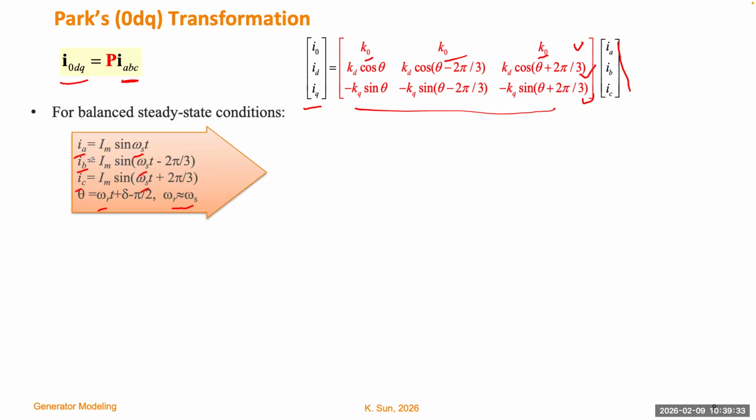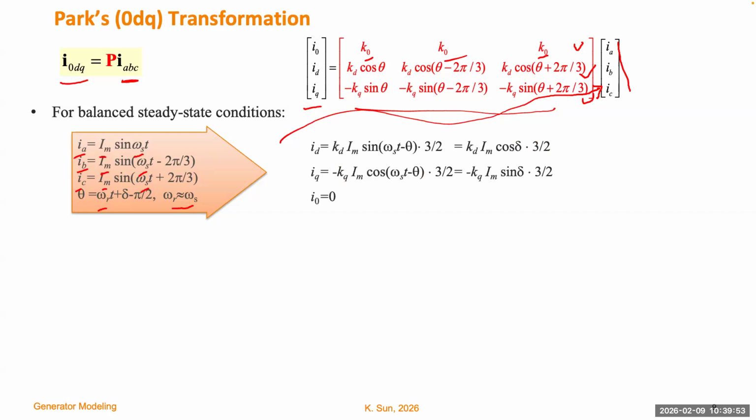So for the steady state condition, all the currents will be exactly accurate sinusoids at synchronous frequency with the same amplitude or the same RMS value. If this is the case, we just plug in those values in this column to see what we can generate for the transformed current. If you plug in here, you will notice this omega s goes with the instantaneous current, and this theta is actually the physical position of the rotor.